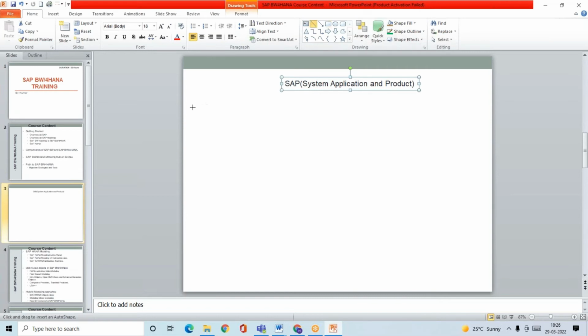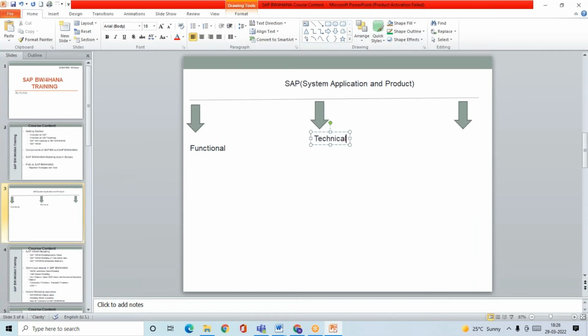SAP basically divides into three areas: functional, technical, and techno-functional.